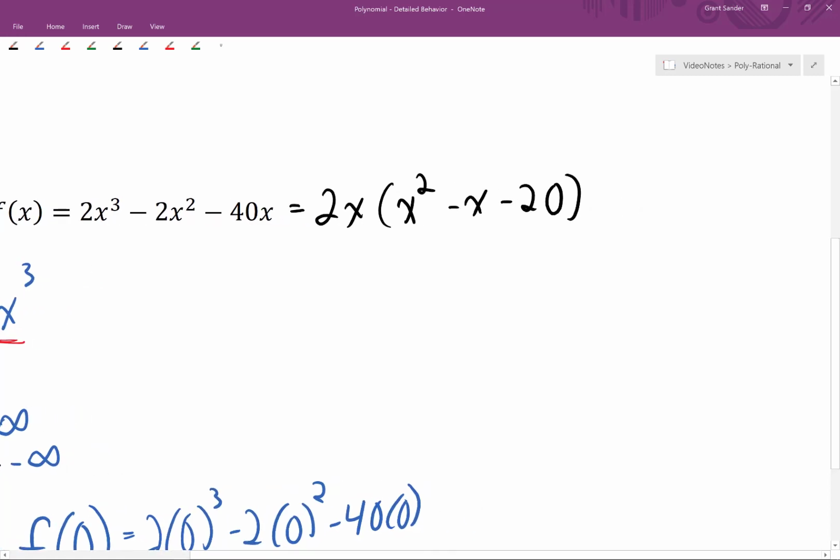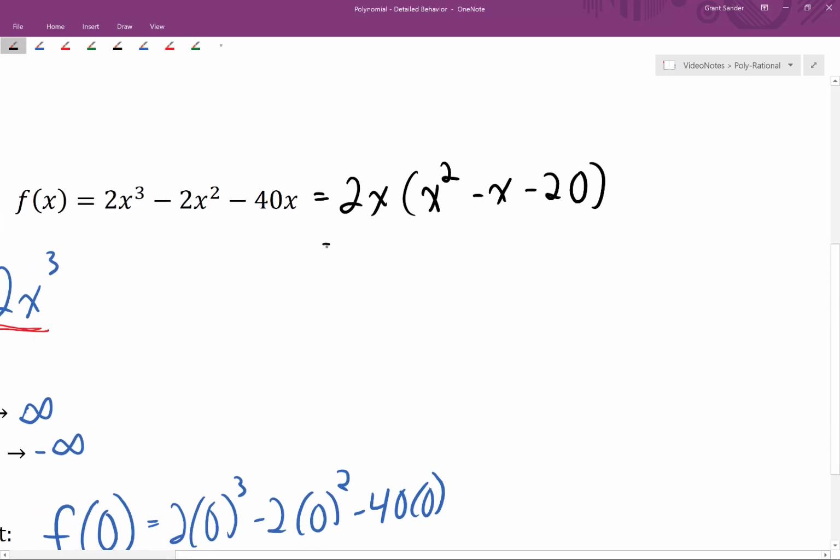Okay, so x² − x − 20, we can actually factor that expression. So we have 2x times (x plus something) times (x plus something). So what two numbers multiply to give us negative 20 and add to give us negative 1? So if you think about that a little bit, we should have x − 5 and x + 4.